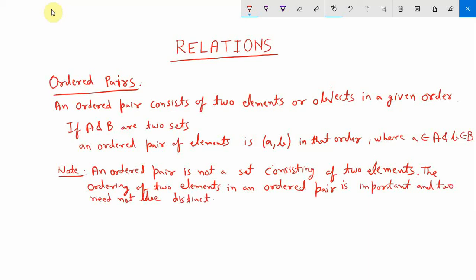Even (a, a) is an ordered pair, if a is an element of A and a is also an element of B. Okay, friends?